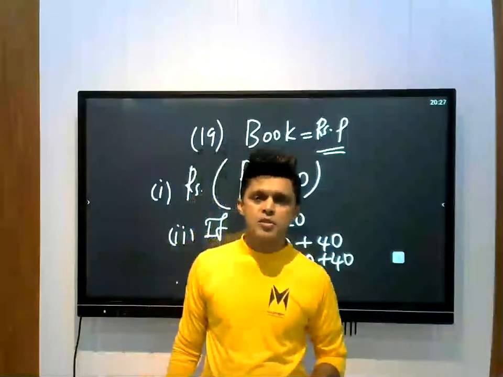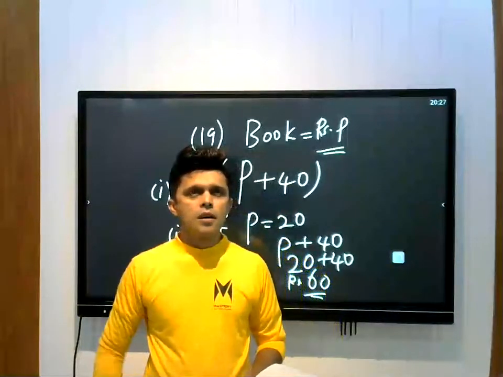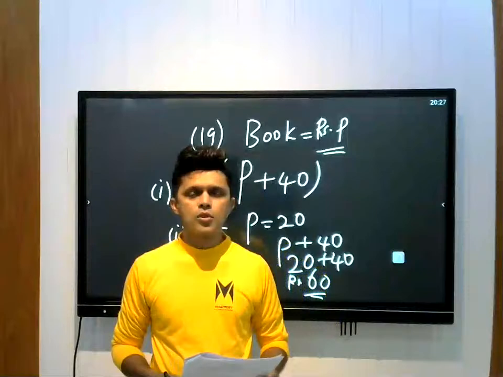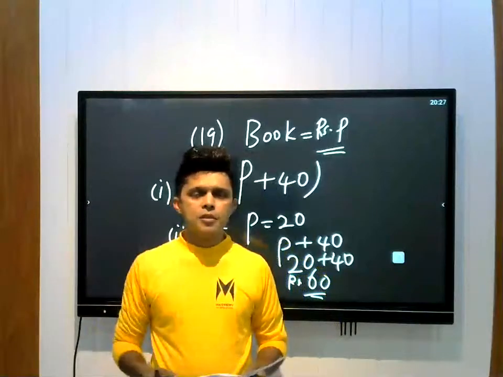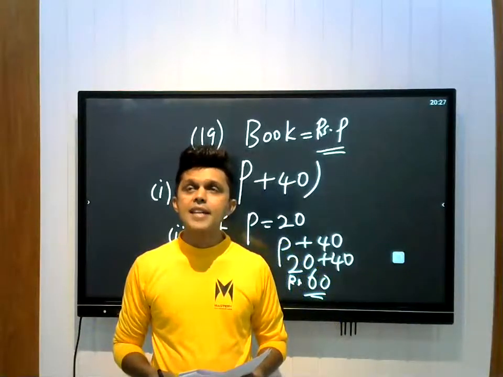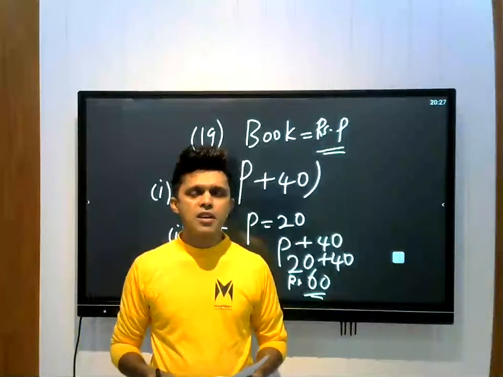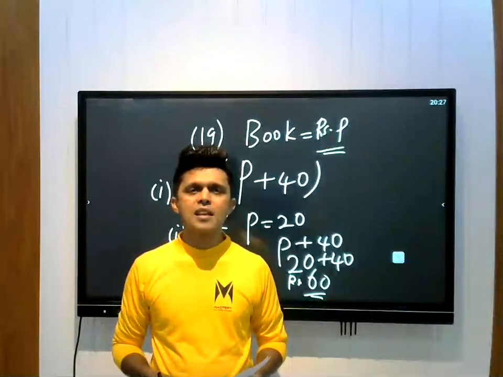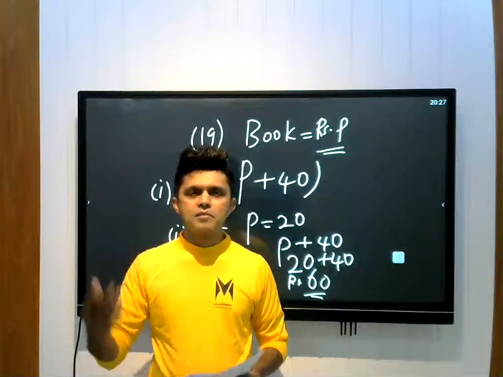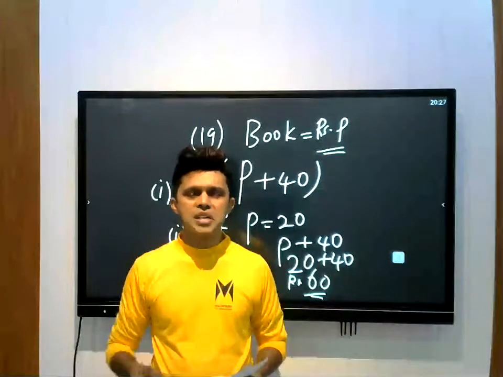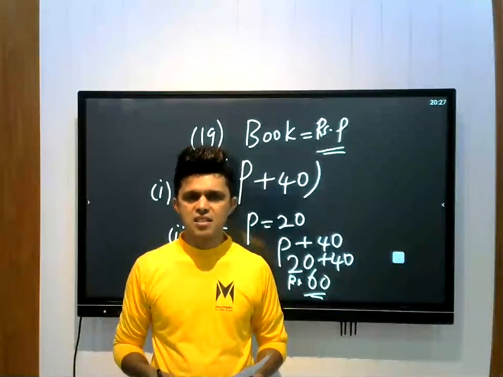Think that you buy a certain article and the price of that article is 80 rupees. Just imagine you are giving 100 rupees to the seller. The balance you take is 100 minus 80.